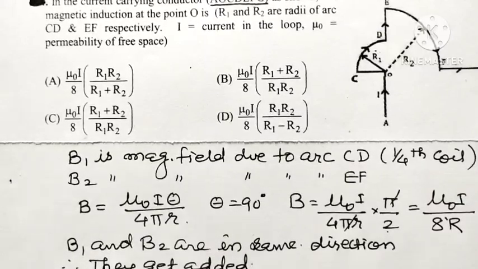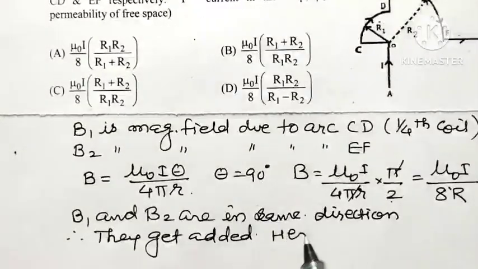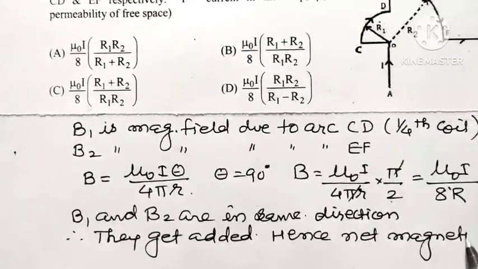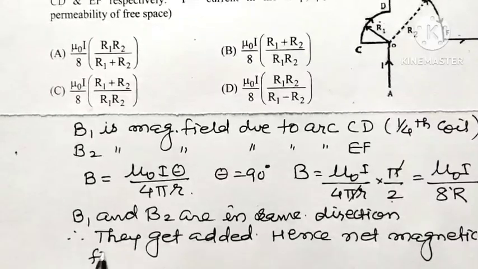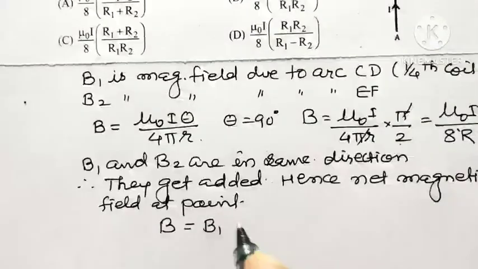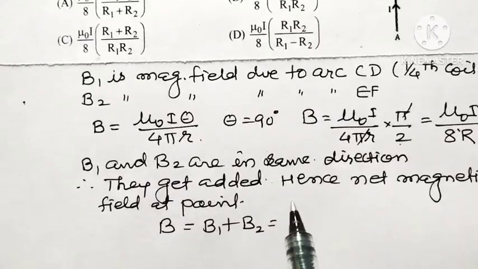So the resultant magnetic field, hence the net magnetic field at point O, B is equal to B1 plus B2. Now put the value of B1.